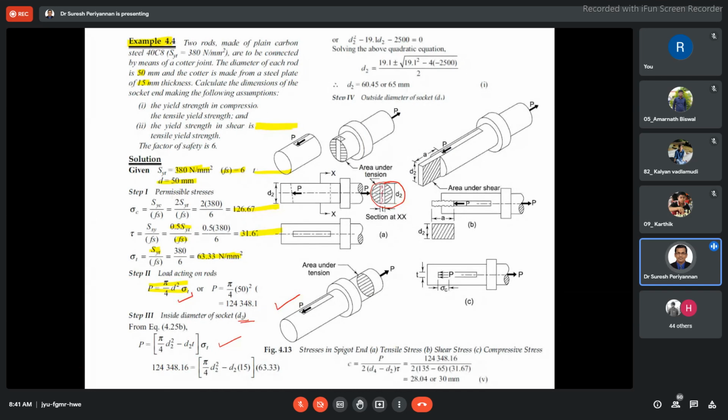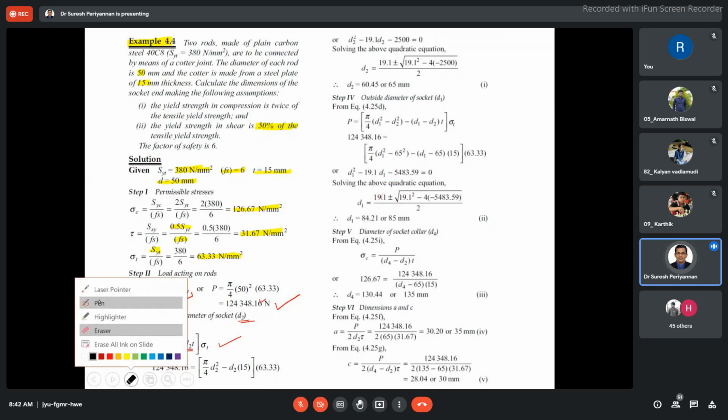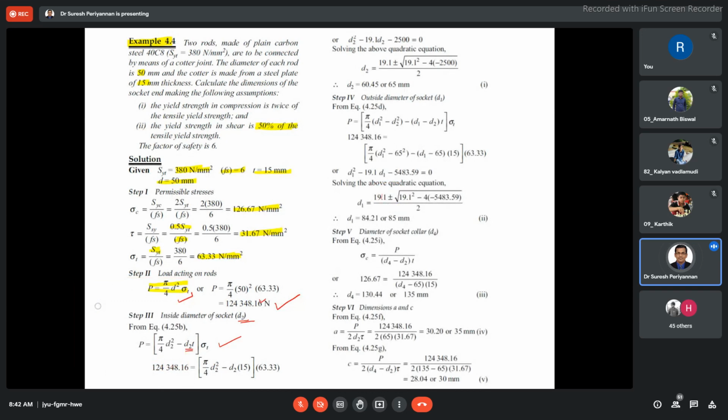This slot is given for inserting the quarter, hence d2 minus d. From these relations, we already know the load, then we are able to find out the diameter d2, the spigot diameter. This is a quadratic equation.